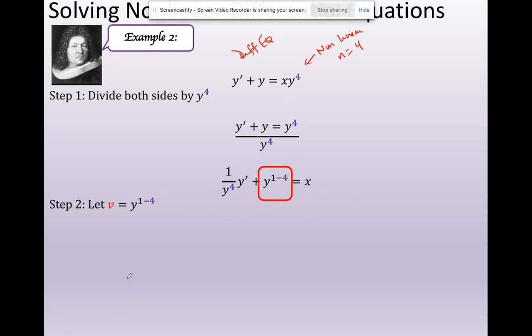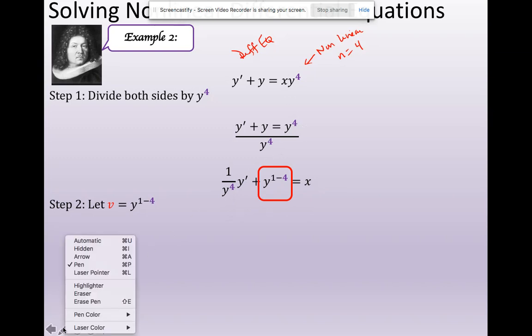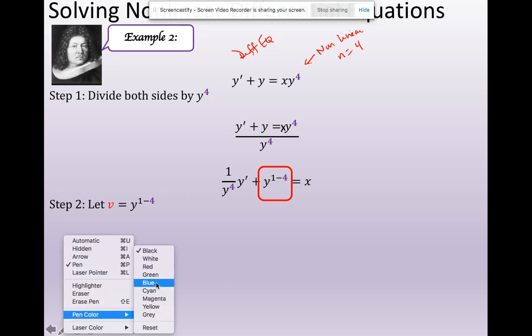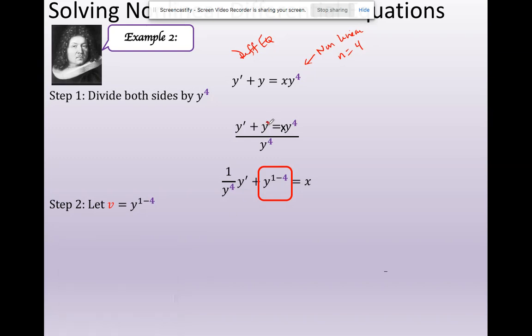Whoops, I dropped an x there, didn't I? That's why I have just an x there. Y to the 1st divided by y to the 4th is y to the 1 minus 3.